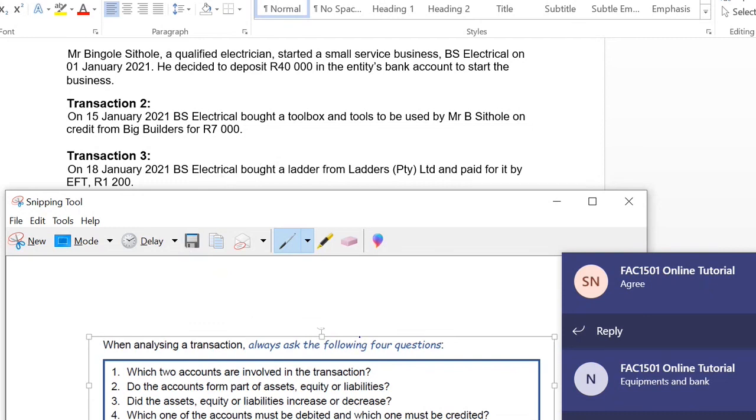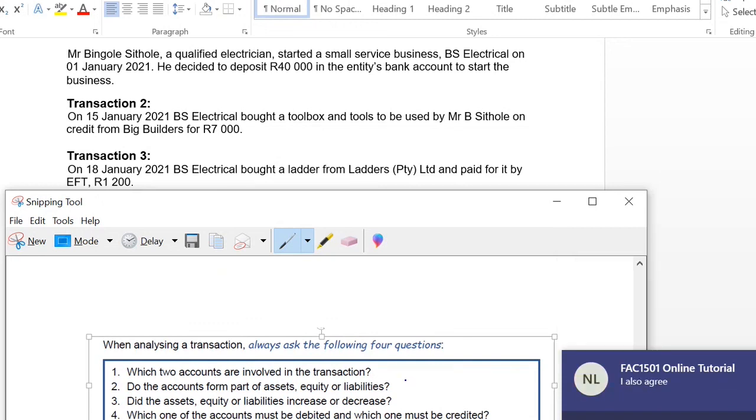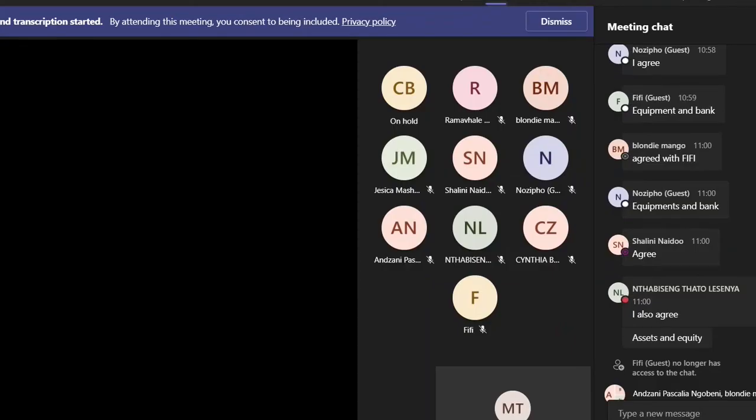And then, do the accounts form part of asset, equity, and liability? Some say asset and liabilities, some say asset and equity.